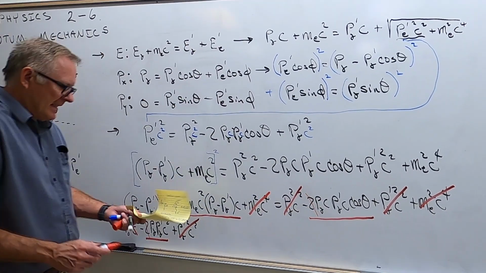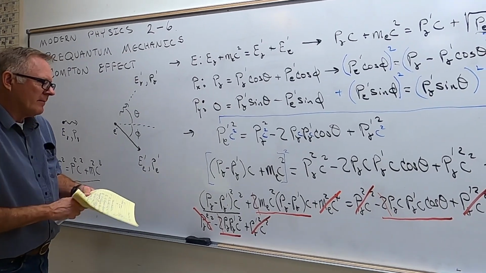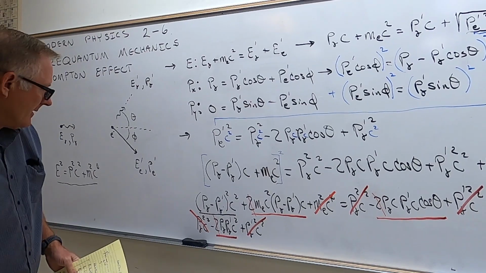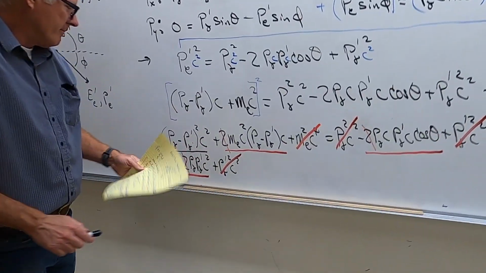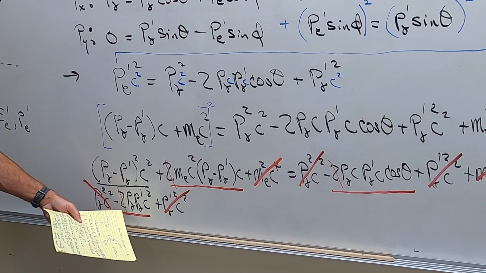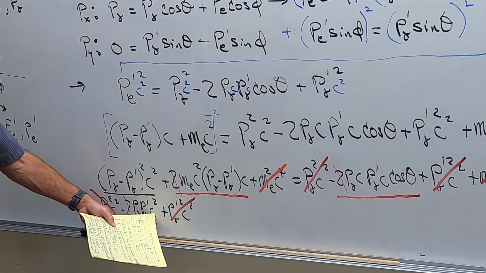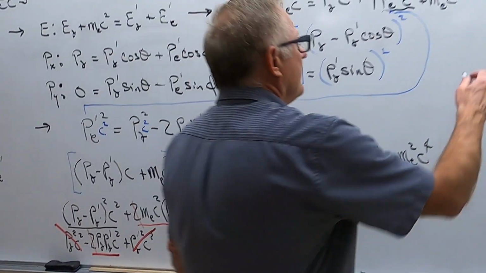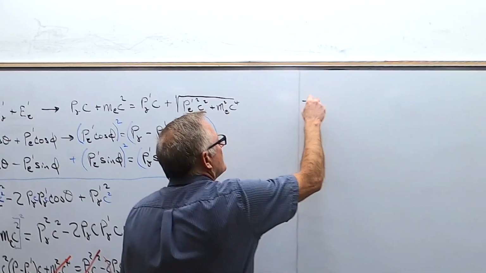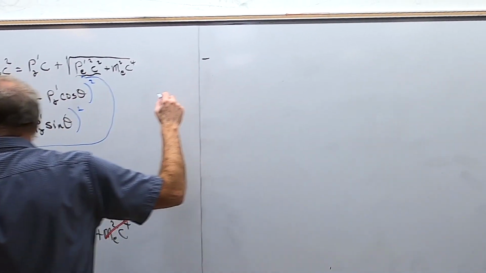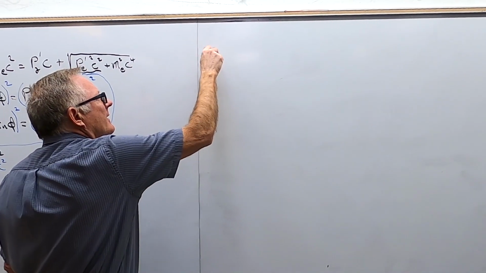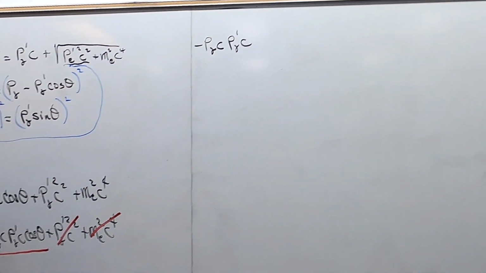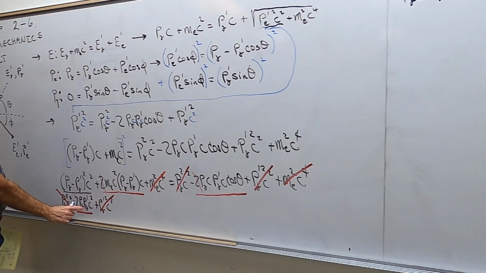I better write this out now. So what I'm left with on the left-hand side is this term, minus P gamma C, P gamma prime C. I'm going to move the C with each term. So that's this term right here, and it's minus.